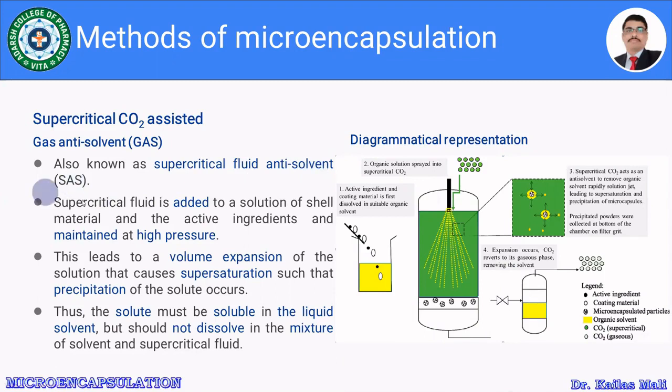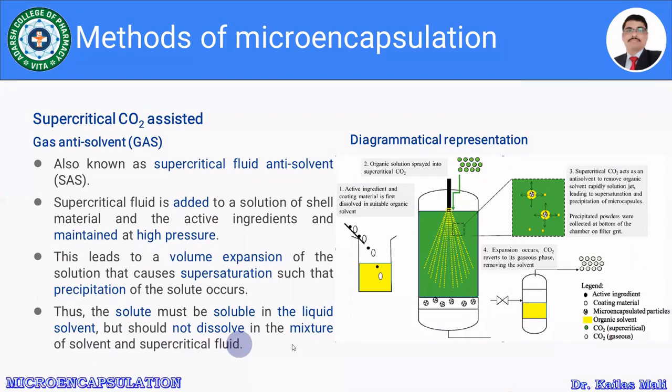Here the supercritical fluid is added to the solution of shell material and the active ingredient and maintained at a high pressure, which is going to act as an anti-solvent. This leads to volume expansion of the solution and that causes supersaturation such that precipitation of solute occurs. Thus, the solute must be soluble in the liquid solvent but should not dissolve in the mixture of solvent and supercritical fluid, isn't it?